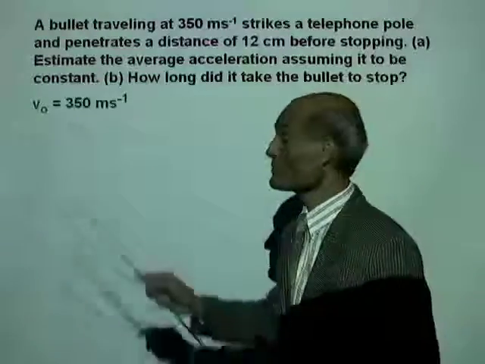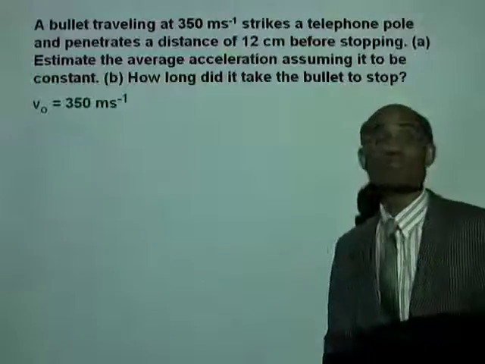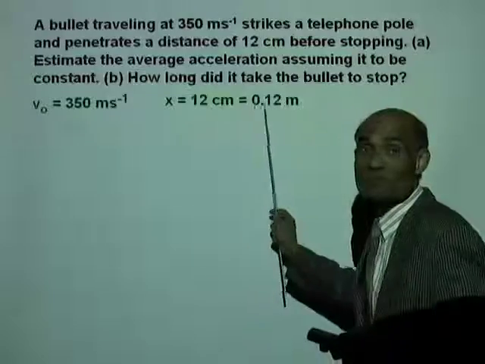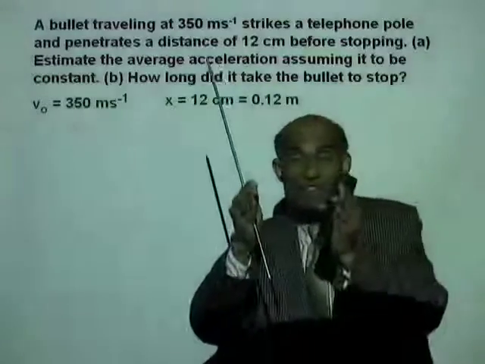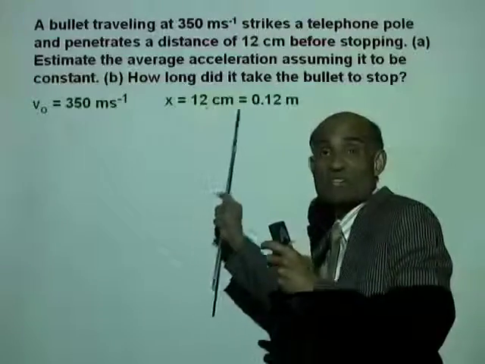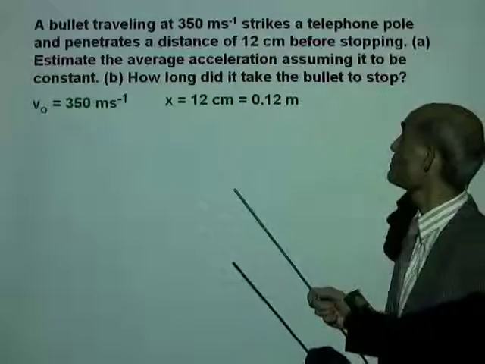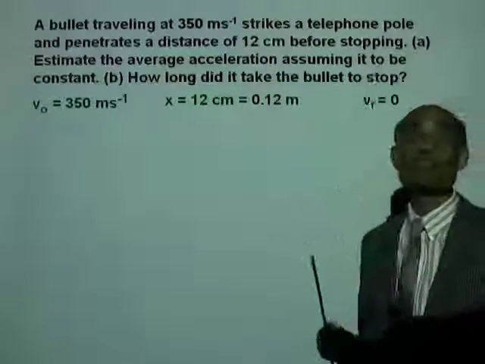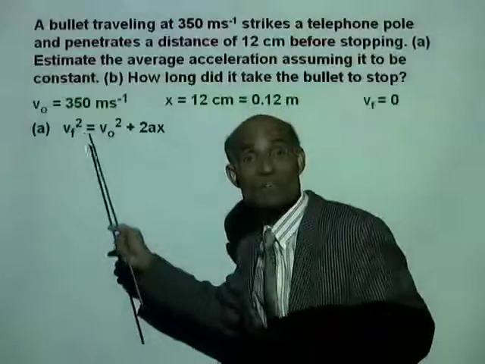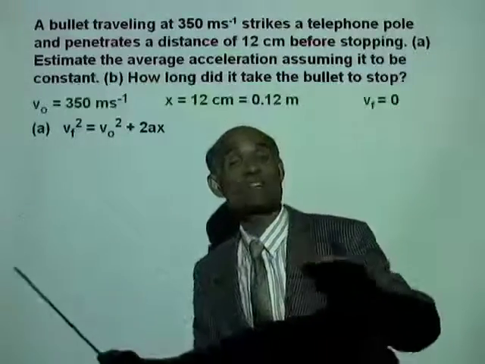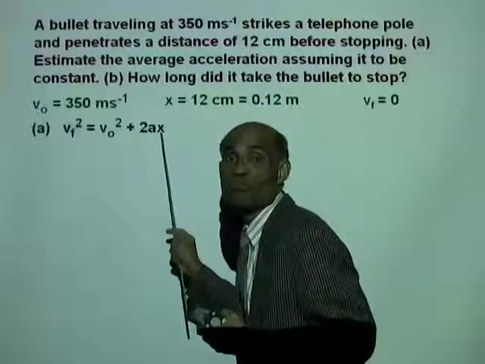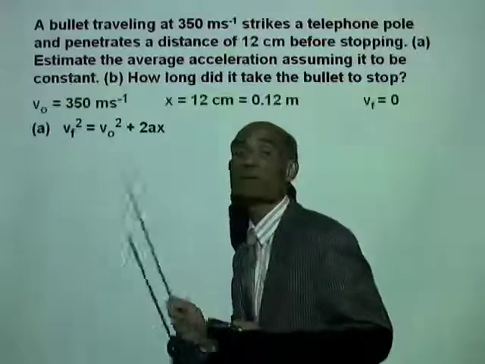All right. V0 is 350 meters per second. x equal to 12 centimeters. That is, from V0, its velocity becomes 0 in traveling a distance of 0.12 meter. And Vf equal to 0. We need to find the acceleration. Look at this. Again, the equation that does not contain time. We know Vf, we know V0, we know x, we can find a.